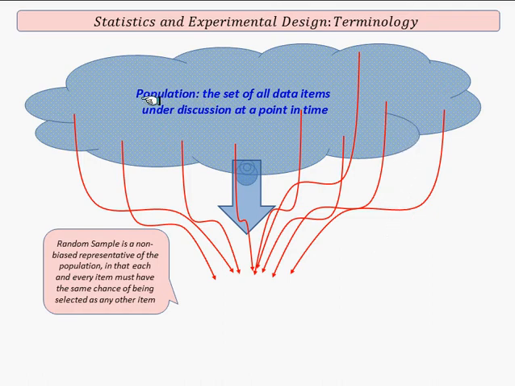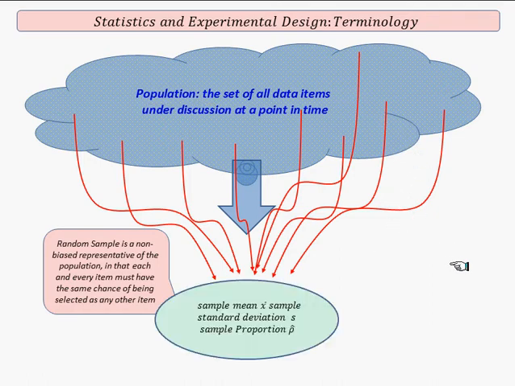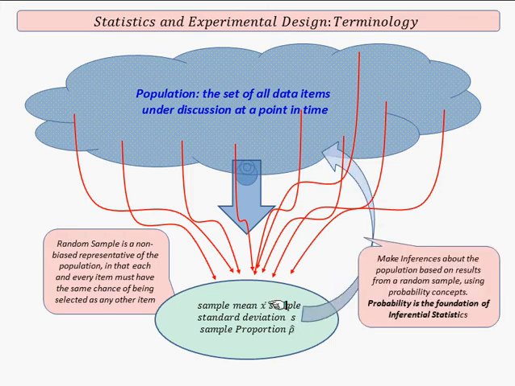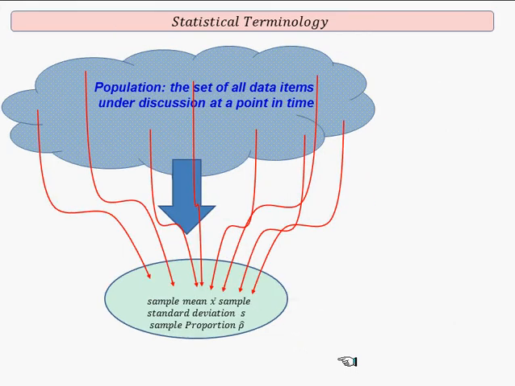As you'll note here, they come from all over the population. And from this, we have a sample, and we come up with the notion of a sample mean, standard deviation, and so on. And we wish to make inferences about the population on the basis of this sample. And this is the probability notion or the foundation of inferential statistics.